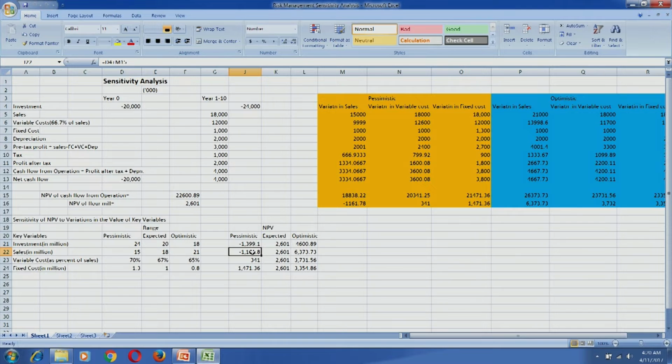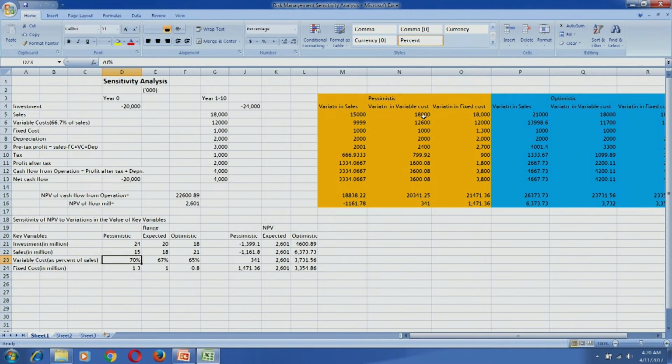Now, let us see what happens if there is a change in variable cost, right, and let us say variable cost is now 70%, pessimistic scenario. So, your cost has increased, right. Let us see what happens. So, variation in variable cost.